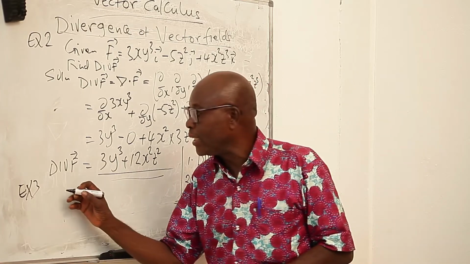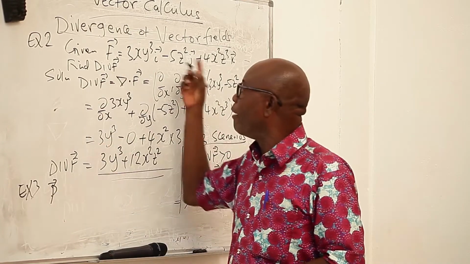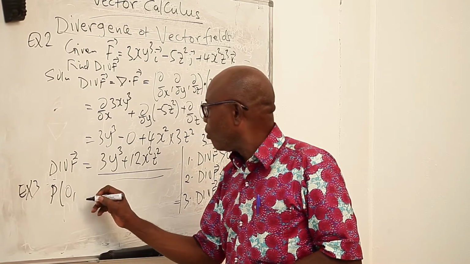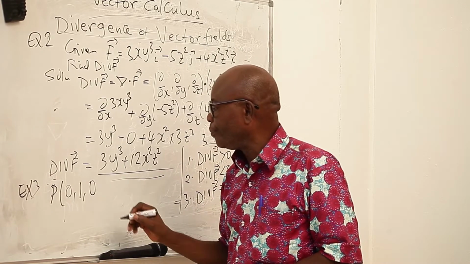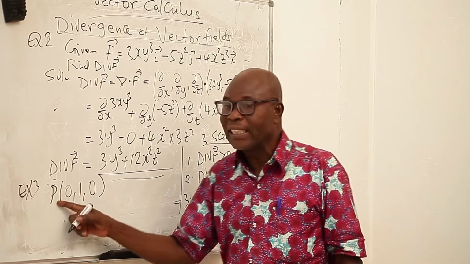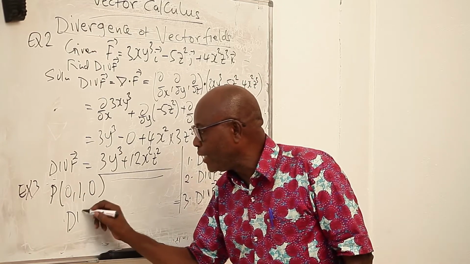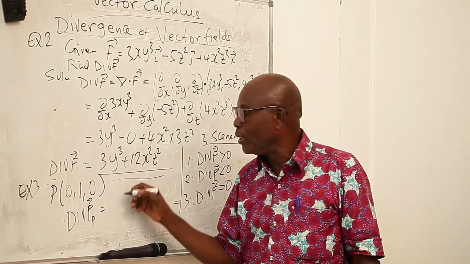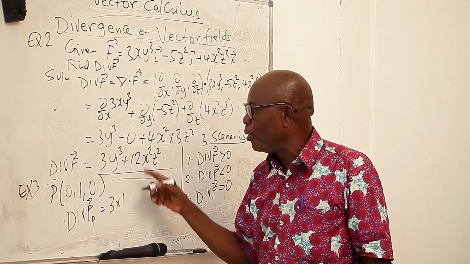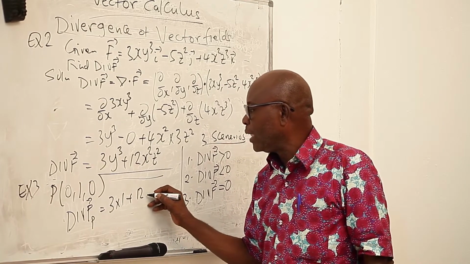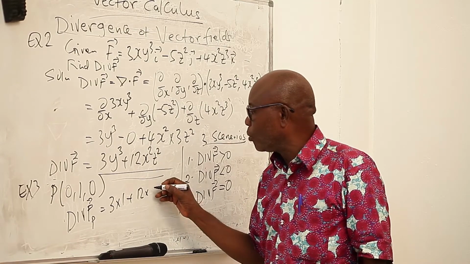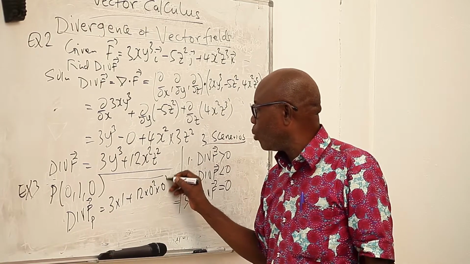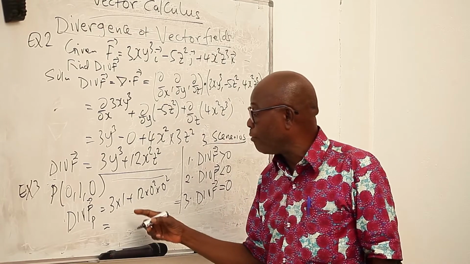So if we have a point on the vector field, let's say 0, 1, 0, then it means at this cross-sectional point, the divergence of F at the point P will be given as, you put 0, so 3 times 1 cubed plus 12 times 0 squared times 0 squared. So in the end, we're going to have 3.